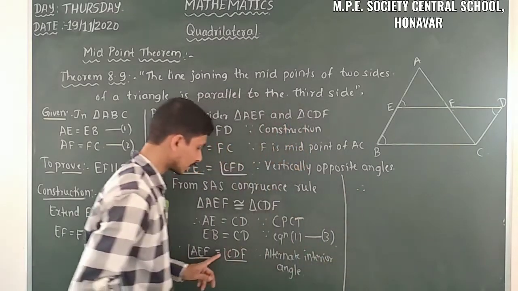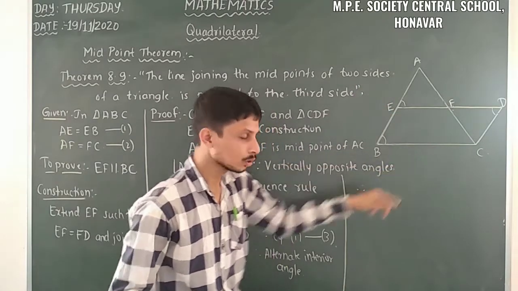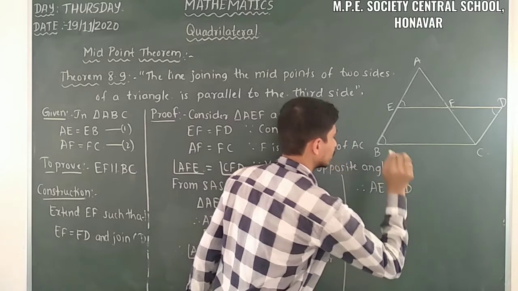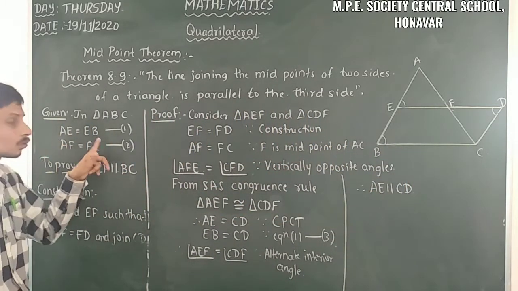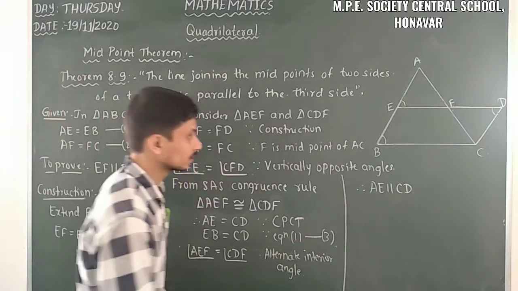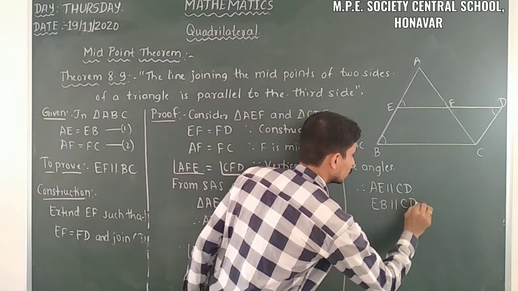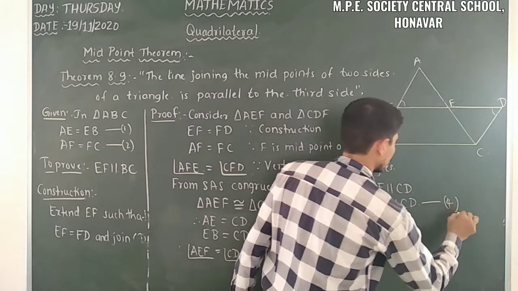Therefore, when they are alternate interior angles, AE is parallel to CD. When AE is parallel to CD, we already know that AE is equal to EB. So EB is parallel to CD. I will take this as equation number 4.